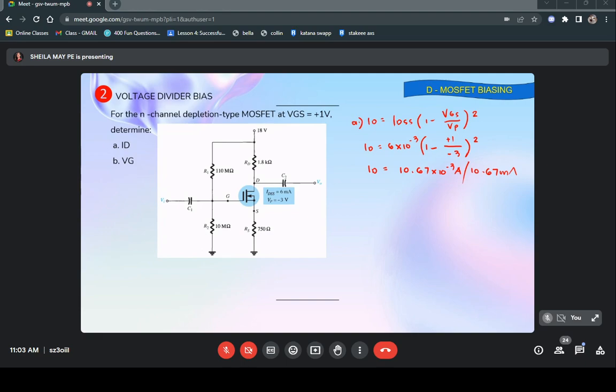ID on is given as 3 milliamperes and VGS on is 10 volts minus the threshold VGS squared. So K is 3 times 10 to the negative 3 divided by 25. That's 0.12 milliampere per square volt.